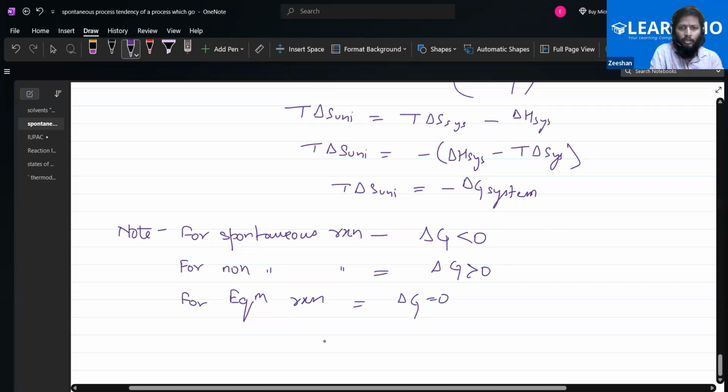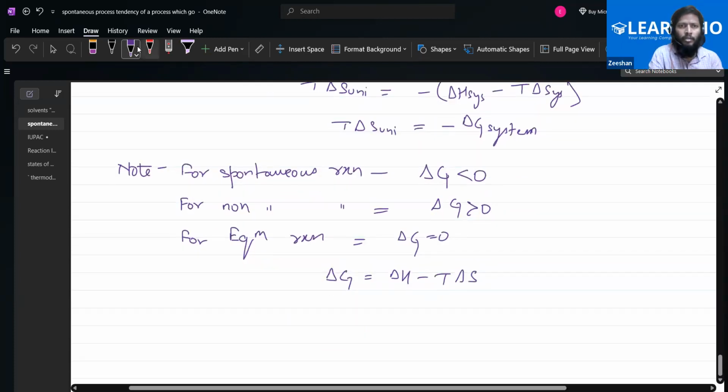Now I'm giving you much feel of it. Delta G is equal to delta H minus T delta S. See, delta S, what is this? Randomness, right? This is about randomness.